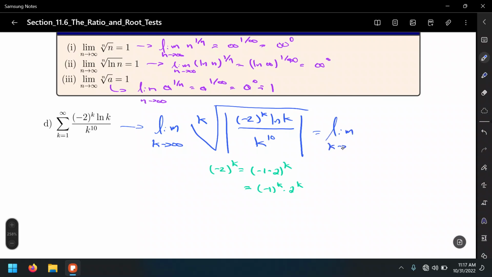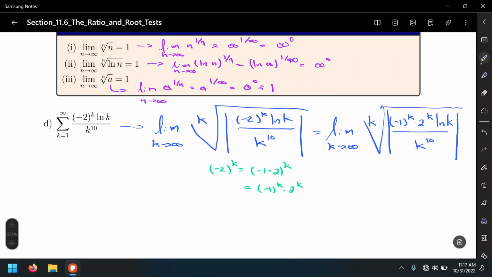The limit as k approaches infinity of the kth root of negative 1 to the k, 2 to the k, ln of k over k to the 10th power, but don't forget the absolute value bars.